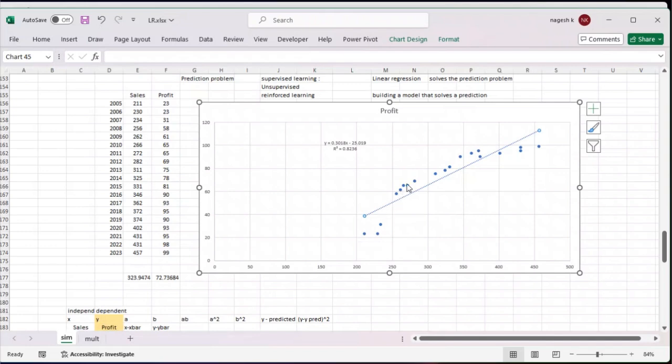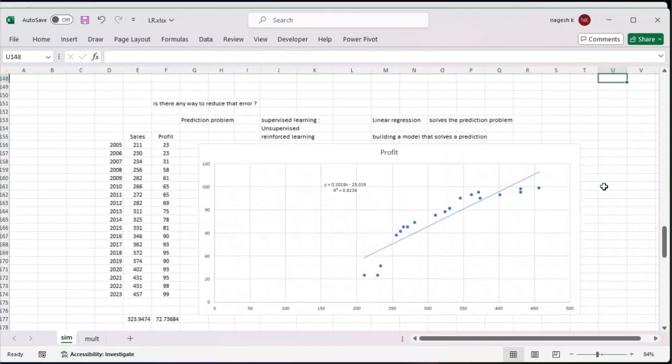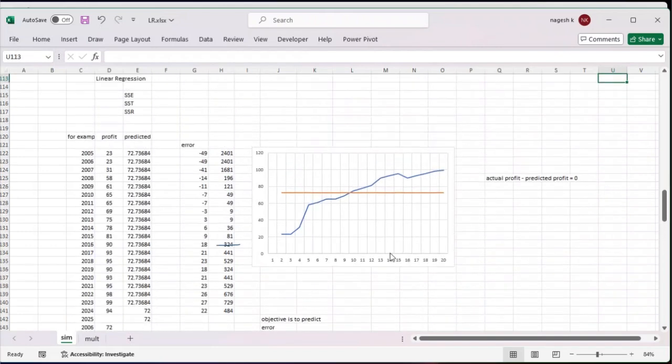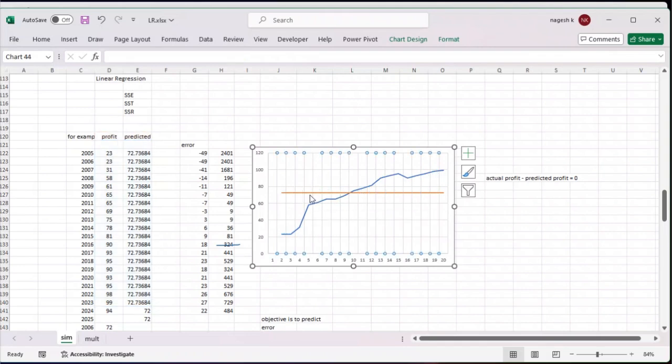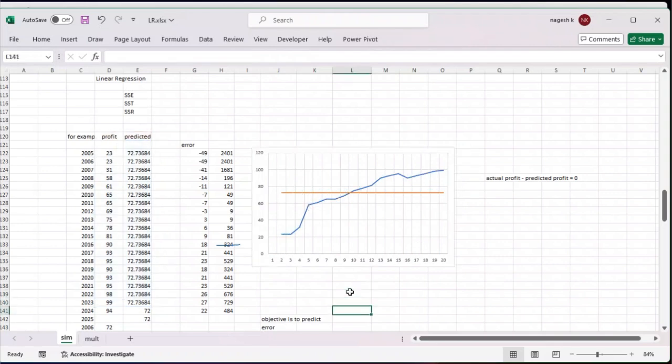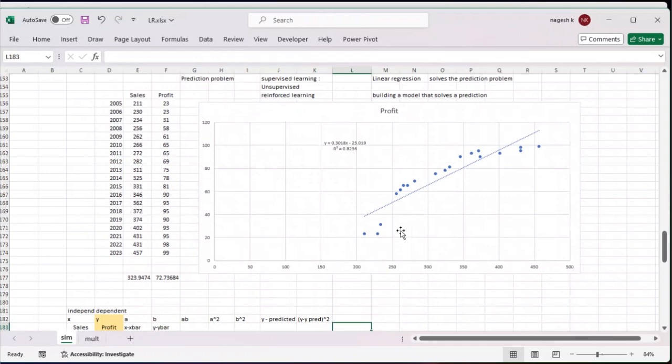And if you see the trend line, it is close to the profit data points. In the earlier chart, this was the expected value, the average, and these are the actual values, with some gap between them.